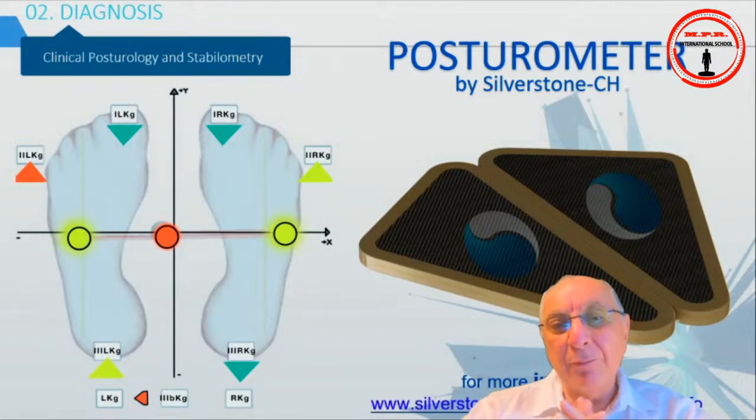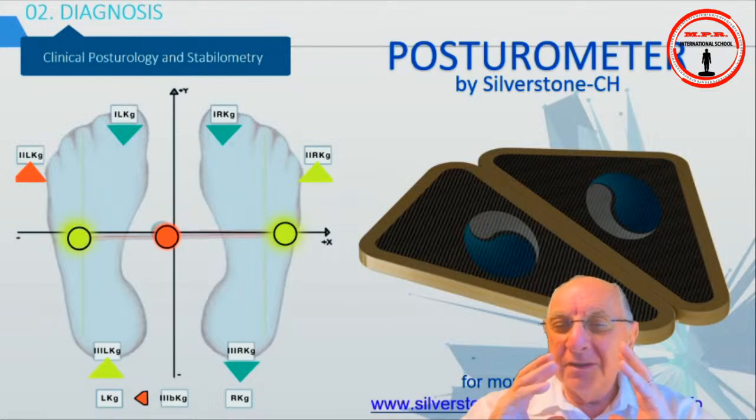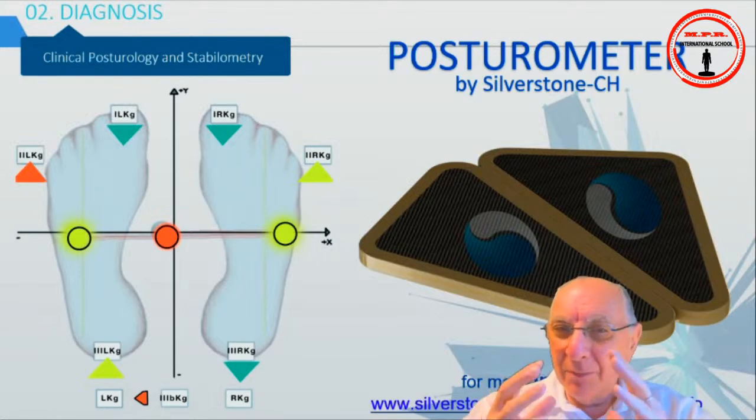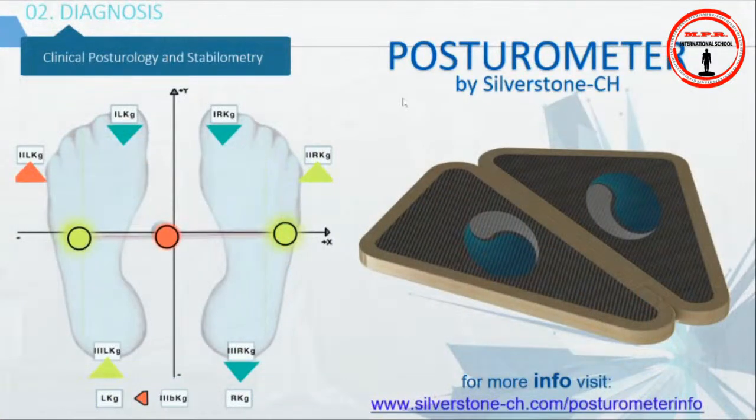I made the protocol for the posturometer more than 20 years ago to study the diagnosis, plan the treatment, and, most important, follow our treatment. With an instrument, we can see if our treatments are going well or badly. Imagine, with one instrument we can study the diagnosis, plan, and follow our treatment. It's a fantastic and simple instrument.